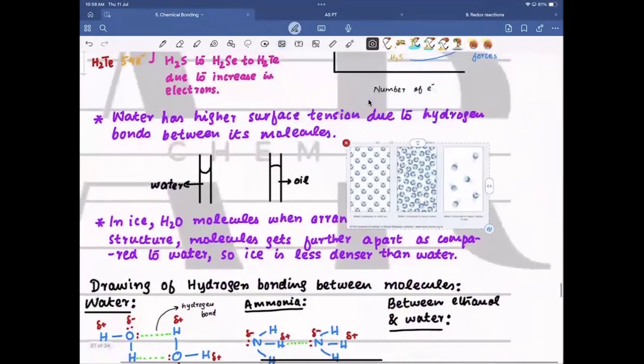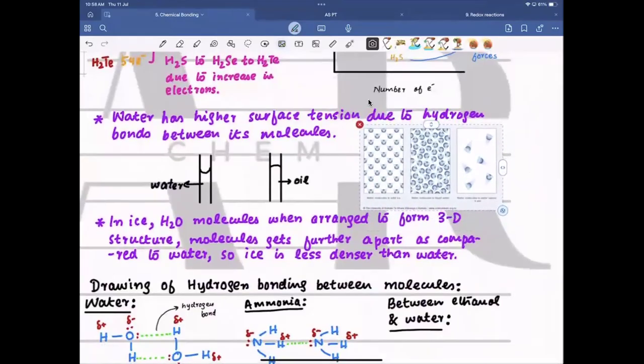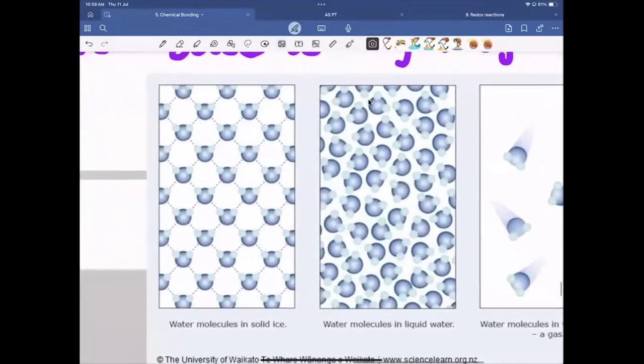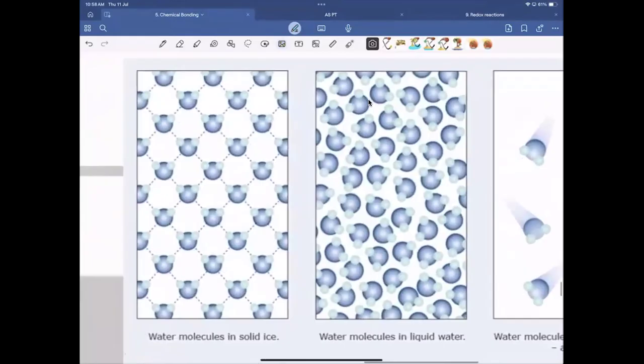We keep it over here. So now have a look. Now you will see the comparison between the water molecules in solid and in liquid. In liquids, they are not attracting each other in a regular or uniform pattern. As a result, they get closer to each other. But when solid ice is formed, this water molecule is getting attracted from this, this, this, this side.